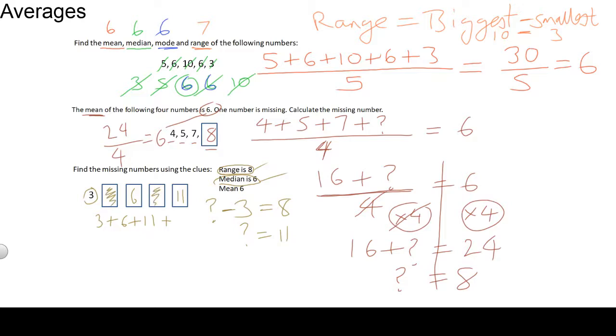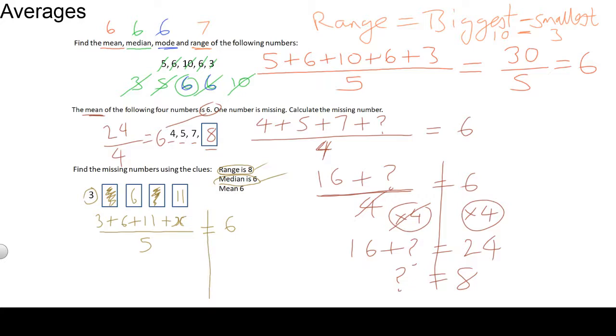I'll call that x. I'll just use x for now. I'm representing those two missing numbers, the total of those two missing numbers is as x. Right, so the total of those numbers divided by, well, how many numbers are there? Including the missing numbers, it's 5. So the total divided by the number of numbers gives you the mean, which is 6.